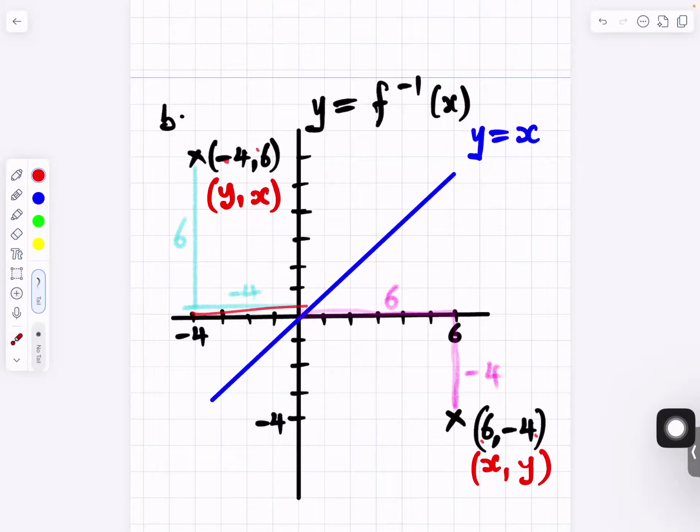So minus 4 to the left, 6 up. So think of it as f inverse: if you have (6, -4), you swap it to (-4, 6). Or if you have (x, y), you swap it to (y, x). And you can count 6 to the right, minus 4, or minus 4, 6. And that is what that one is.